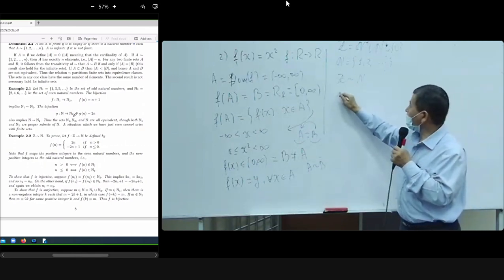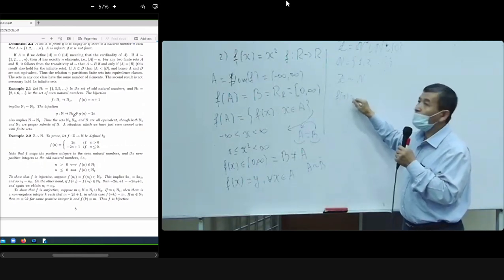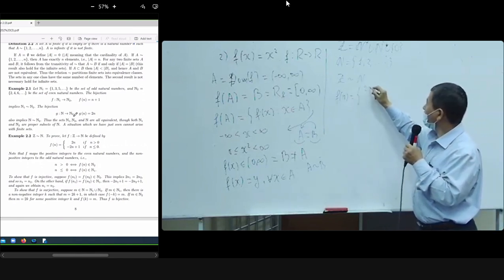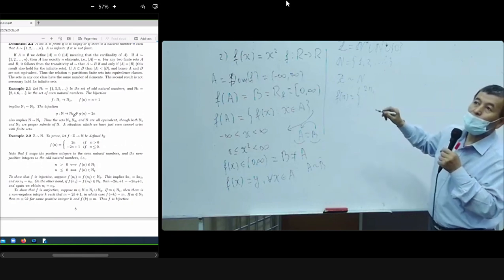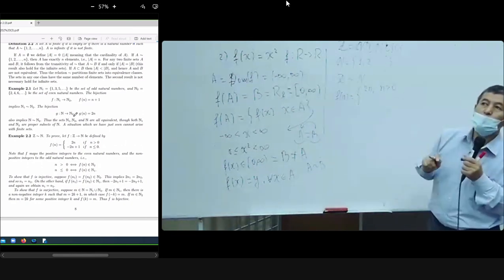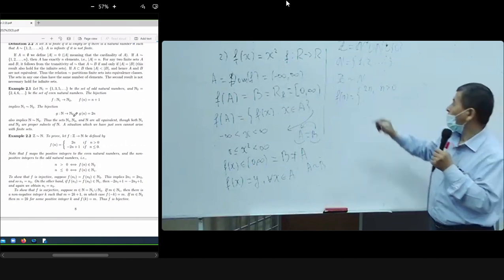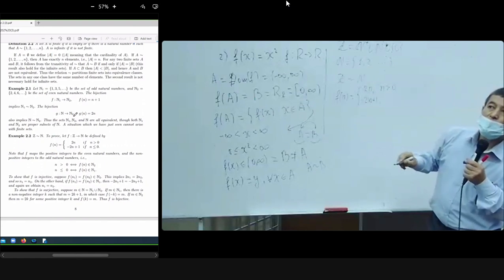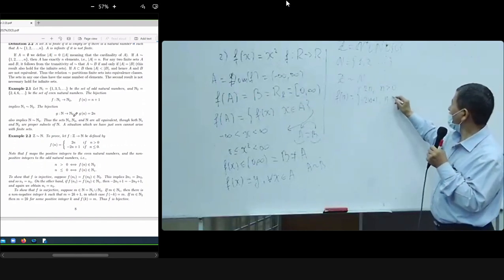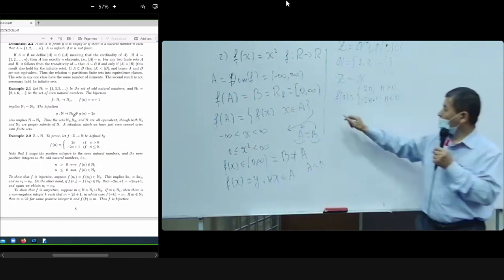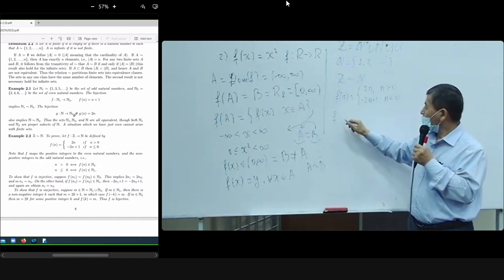It is already there. f(n) is equal to 2n if n is strictly greater than 0, and minus 2n plus 1 if n is less than or equal to 0. Now what about this f?